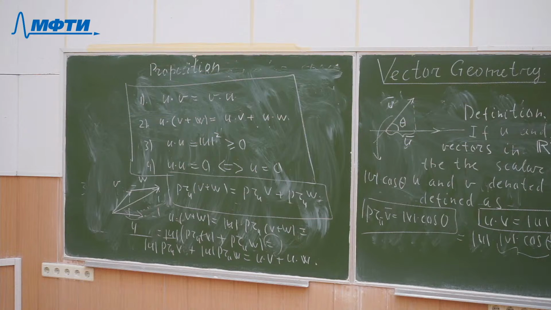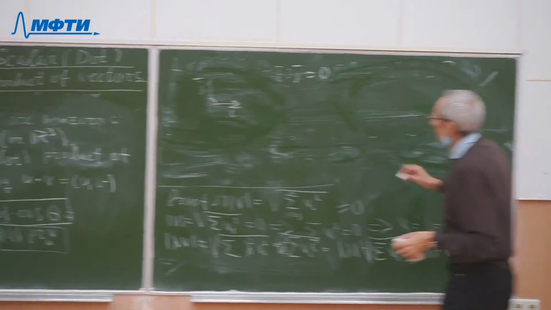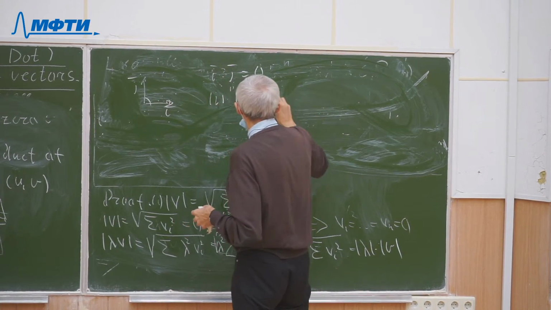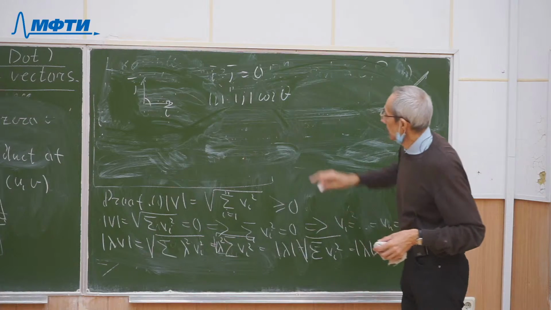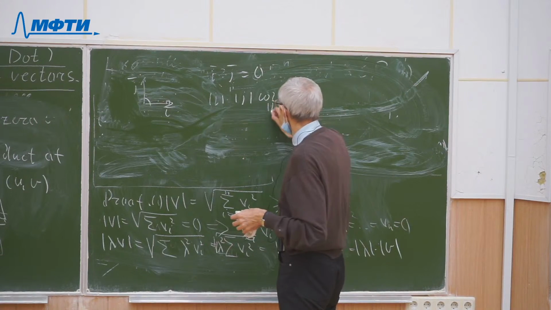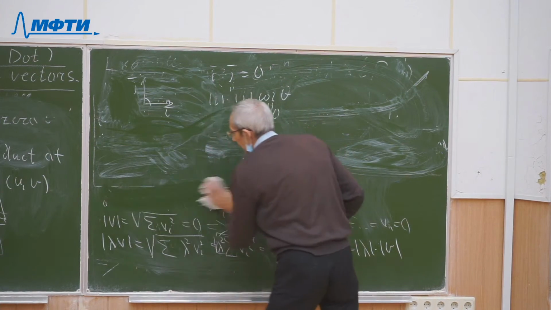In the case of the vector plane, we can consider some orthogonal vectors i and j, and the scalar product of these vectors is equal to 0 because these vectors are orthogonal, and this scalar product is the product of their lengths and the cosine of a right angle, which is equal to 0.